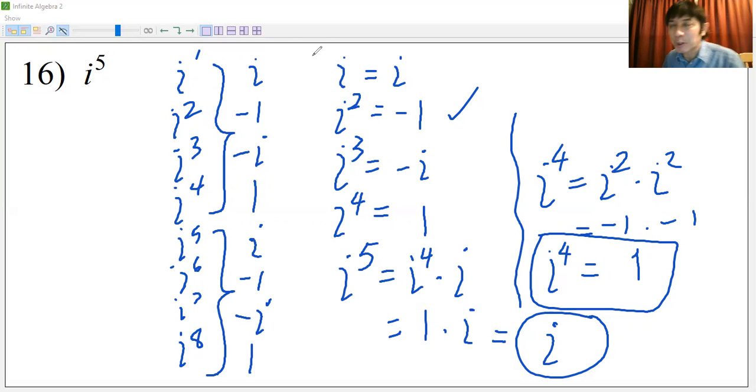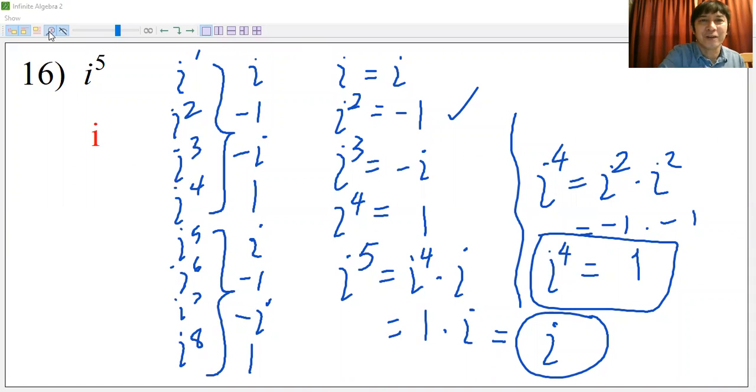You only need to determine the pattern and which number is the first, the second, the third, and the fourth. So if it's to the fifth, that means it falls to the first, and so i to the fifth is supposed to be i. We shall verify the answer over here.